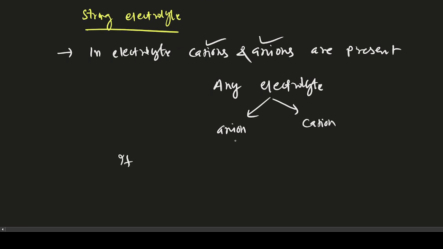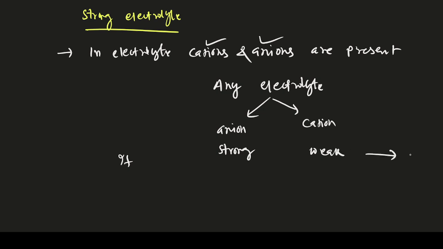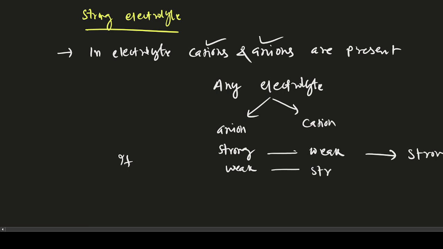If either the anion part is strong and the other is weak, then it is still considered a strong electrolyte. If one is weak and the other is strong, then also it is considered strong.